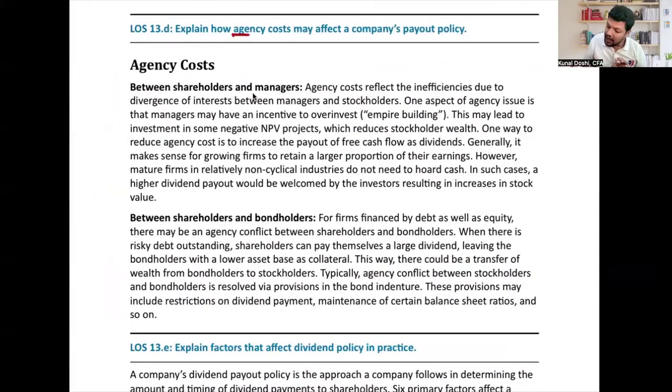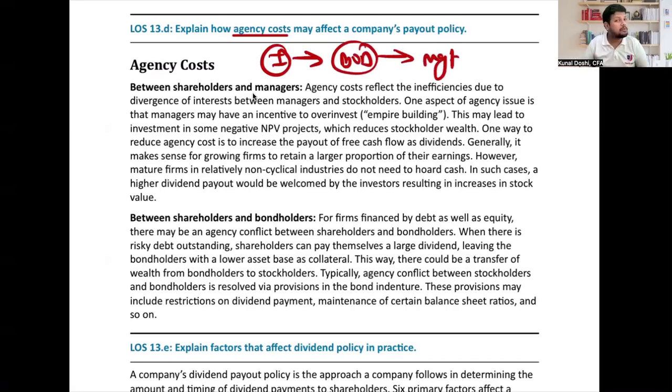Now, we are all aware of agency cost. What is agency cost? Remember, the company is run by the management. The investors, meaning shareholders, appoint the board of directors, who will then oversee the management on the performance of the company.